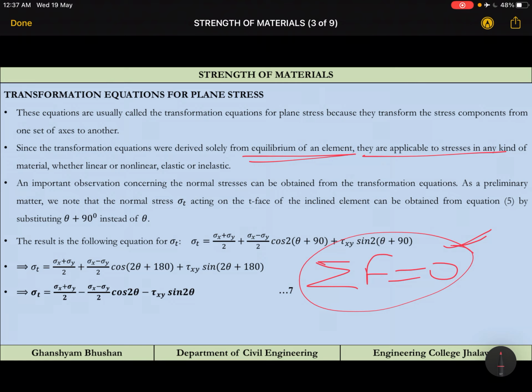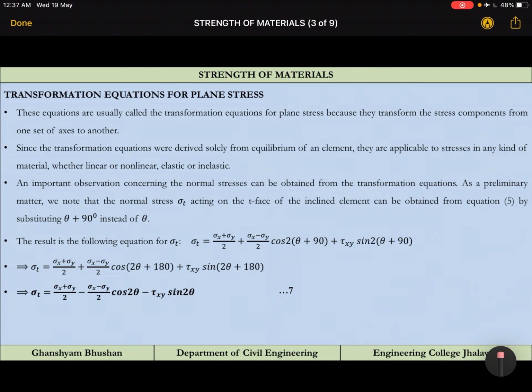Material doesn't affect our equation because we have not considered any material property. This is a very fundamental equation. You can apply it to any material, elastic, inelastic, linear, non-linear, any type. It does not care, it will give you the correct result. Clear? Because our main concern was only the equilibrium condition. We have just equated the forces.